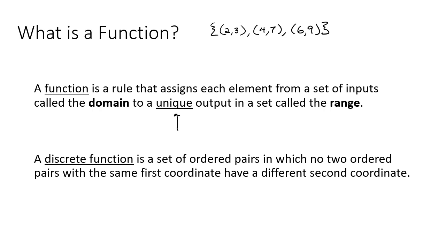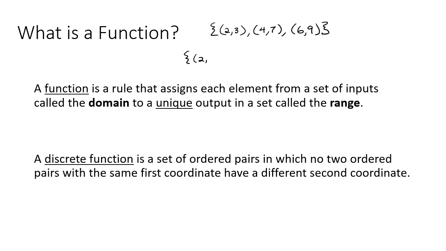So that brings us back to this word unique output. Because you can have tons of sets of ordered pairs, whatever ordered pairs you want to. They all qualify as what is called a relationship. But a function is a special type of relationship where you have unique outputs. And so if no one input can be assigned to multiple different outputs, that means you can't have repeated first coordinates.